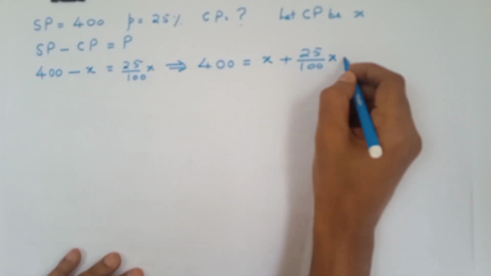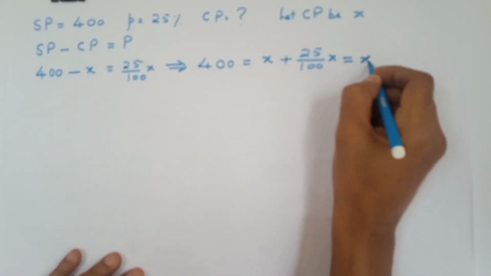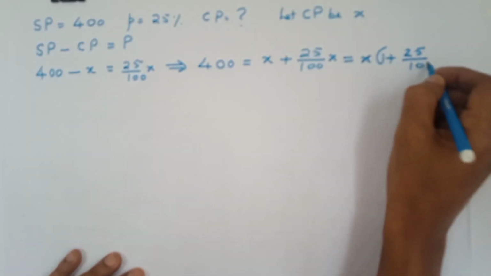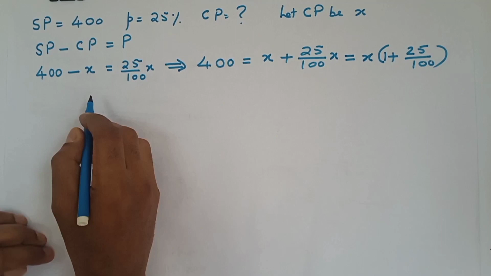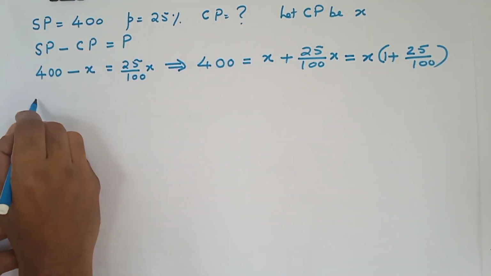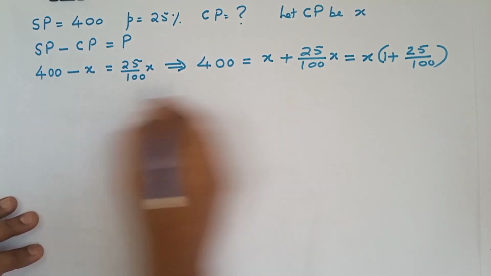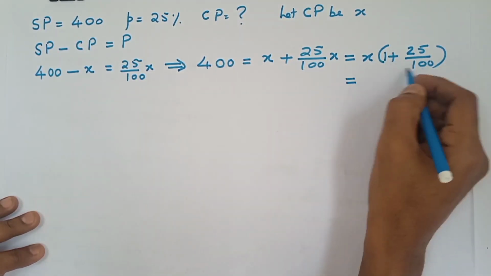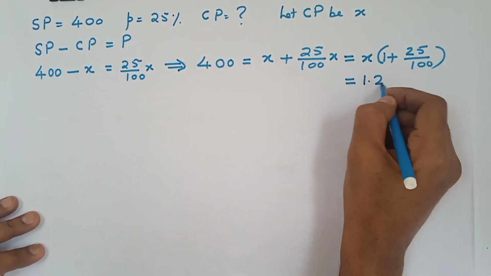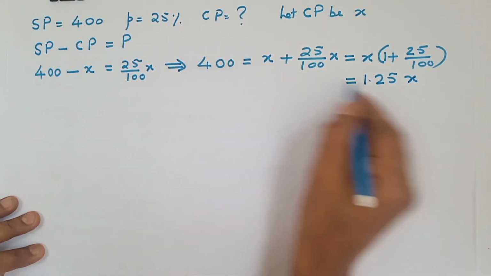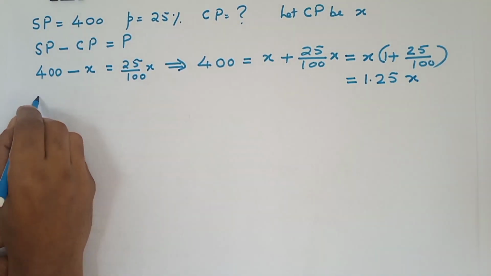Now this you can further simplify taking X inside. Let me write this first and this later, just for convenience. On simplification, you will get 1.25X. So 400 equal to 1.25X.